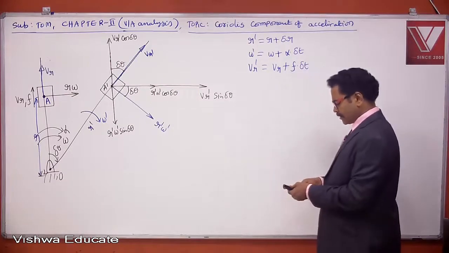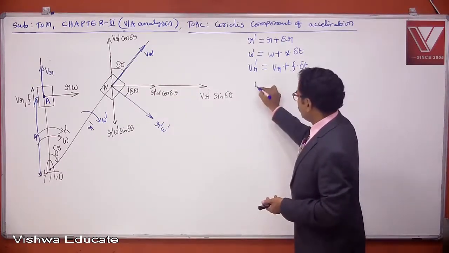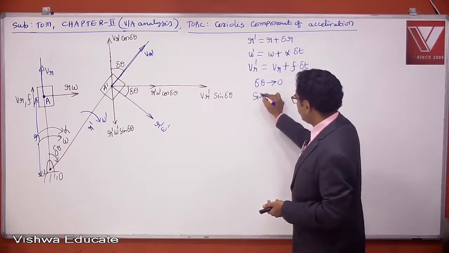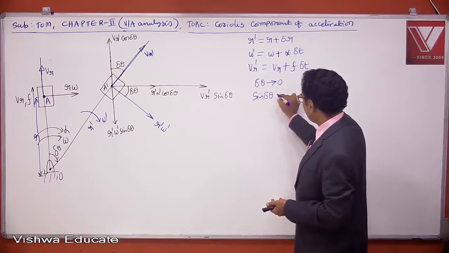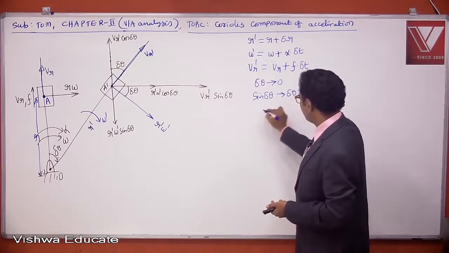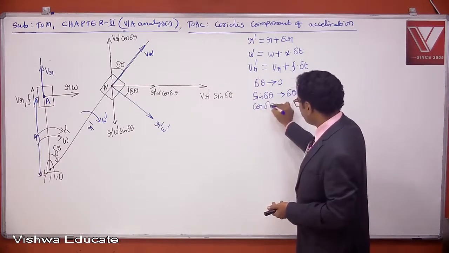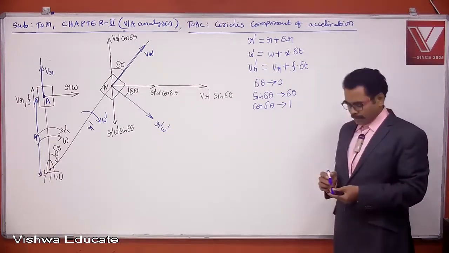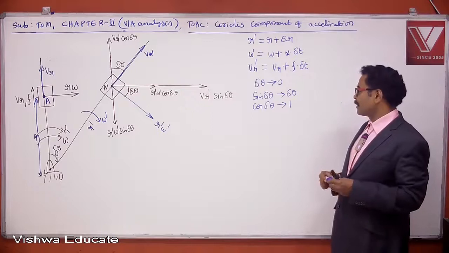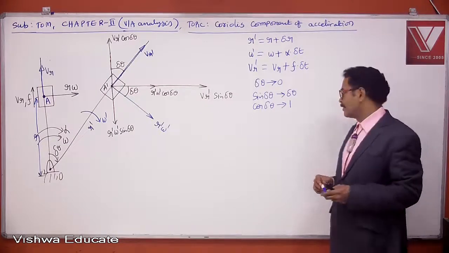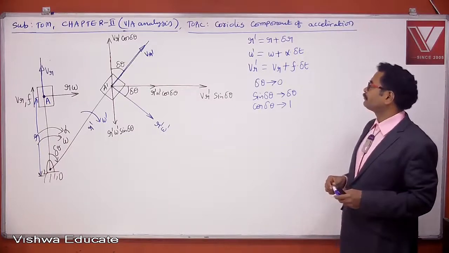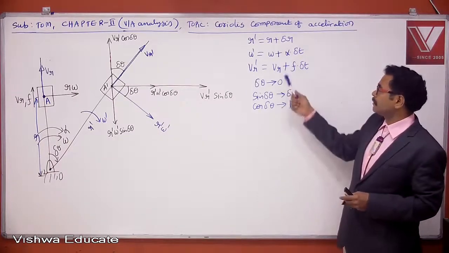And one more point here, as delta theta tends to 0, sine delta theta becomes delta theta, cos delta theta becomes 1. So these things also we require. When delta theta tends to 0, sine delta theta becomes delta theta, cos delta theta becomes 1. Okay? So write these values also, right?